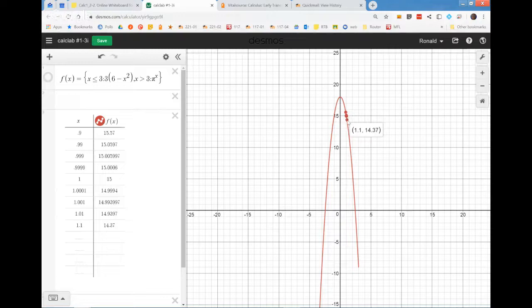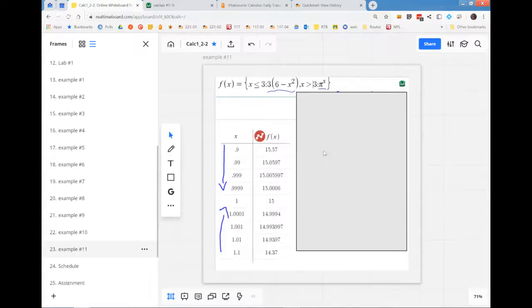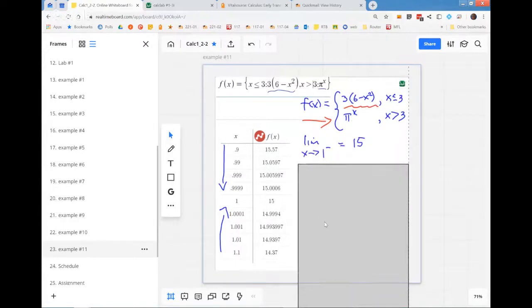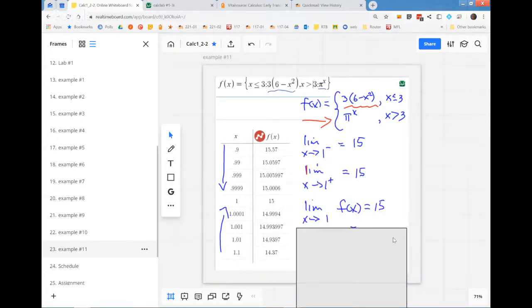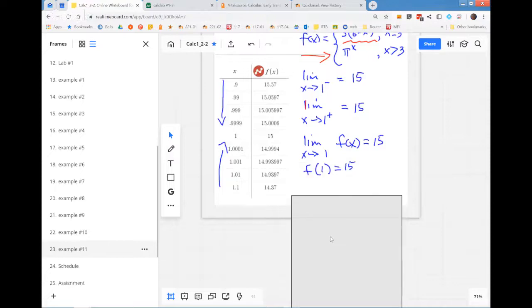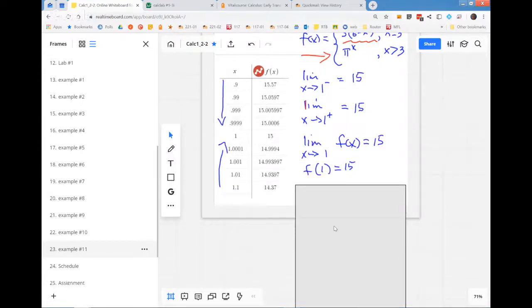You see, they connect. So let's just go back and look at the chart now. Our agreement on the chart is the left-hand limit seems to be approaching 15. The right-hand limit is 15. Therefore, the overall limit is 15. Here, everything's in perfect agreement.